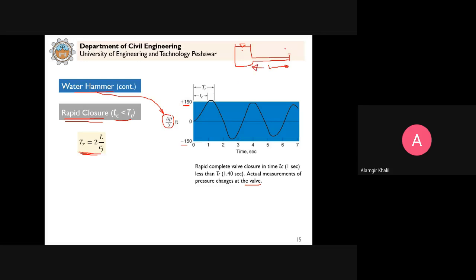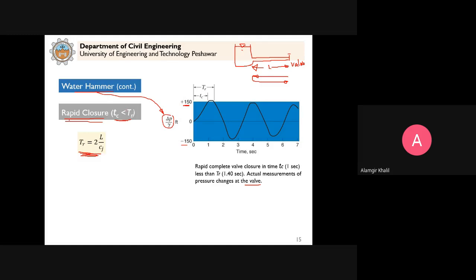So it comes from the valve to the reservoir and then comes back here, this round trip at the valve. This is given by the equation we discussed earlier, S is equal to Vt, 2 times because it is a round trip.